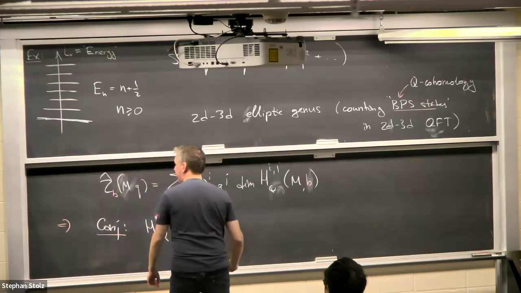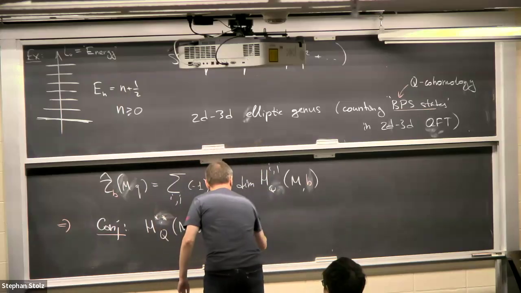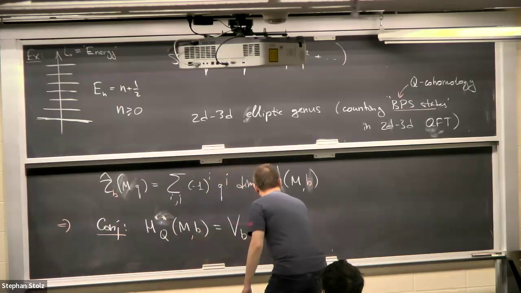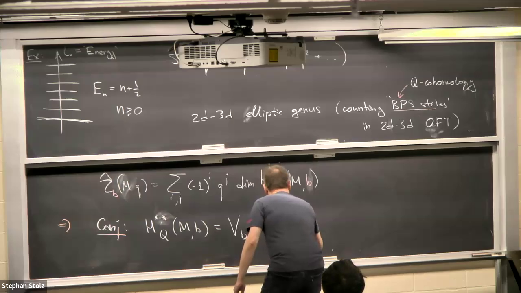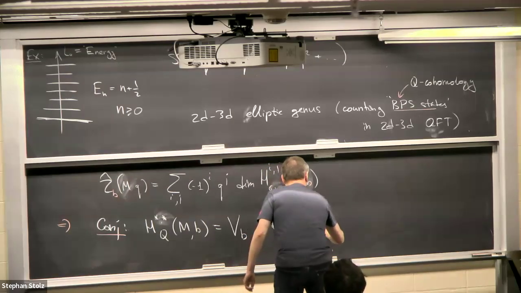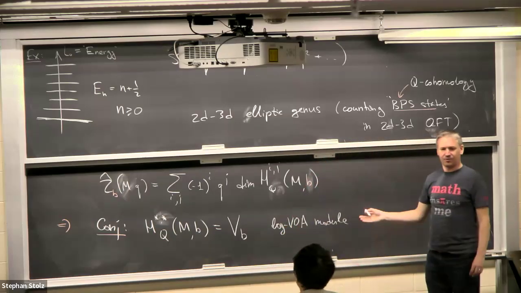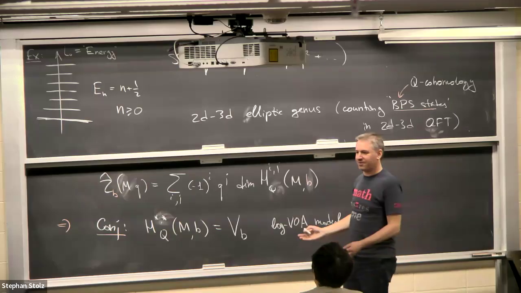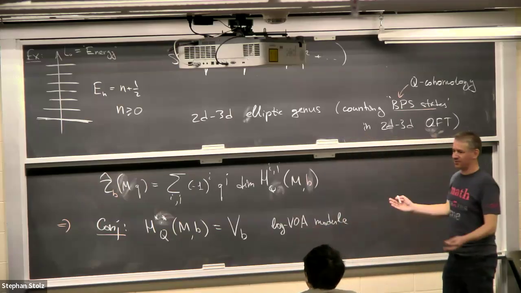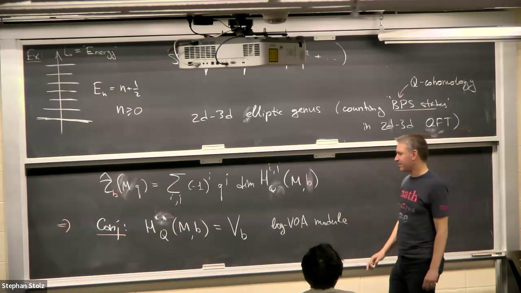B is nothing but that Z_V, the log VOA module. So that would be very cool if that's true. Again, I don't know if it's true. It's actually hard to check because you have to have really good control over many things here.